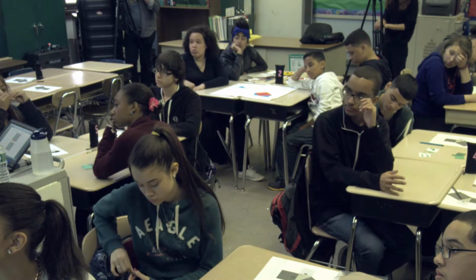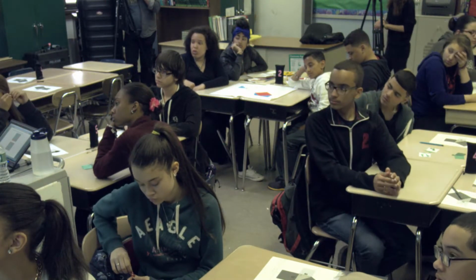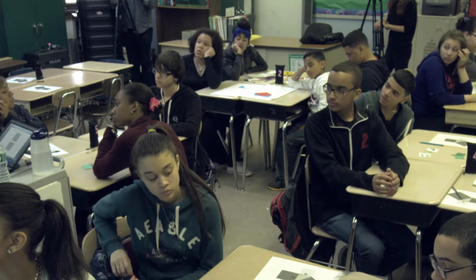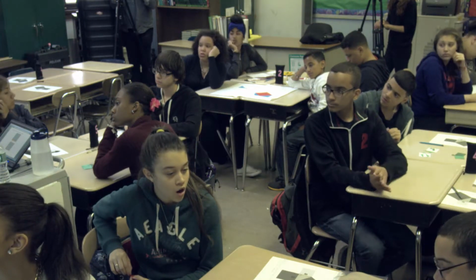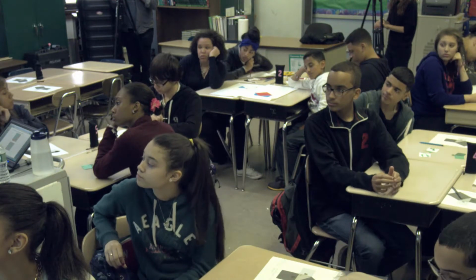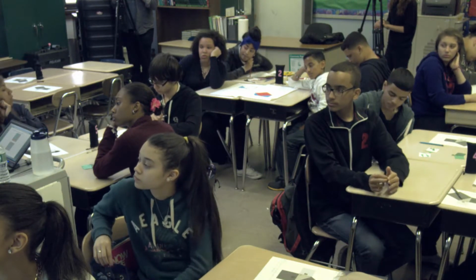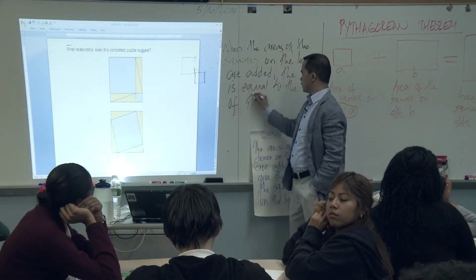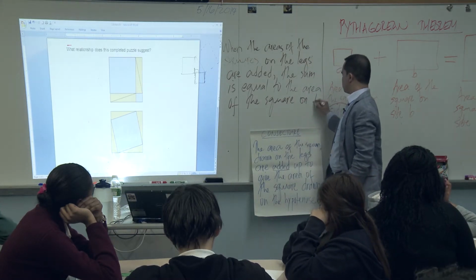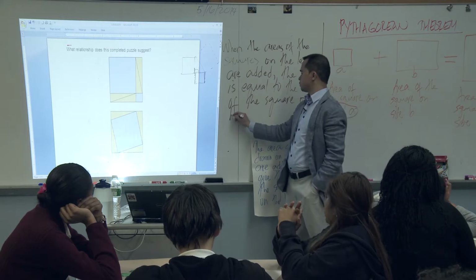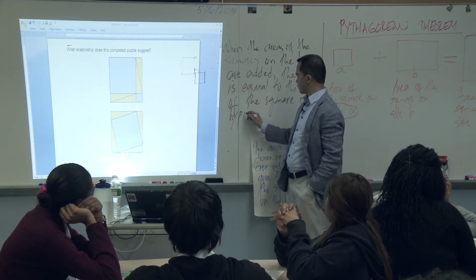When the areas of the squares on the legs are added, the sum is equal to the area of the square on the hypotenuse. Did I transcribe your statement correctly, Desiree? Yes.